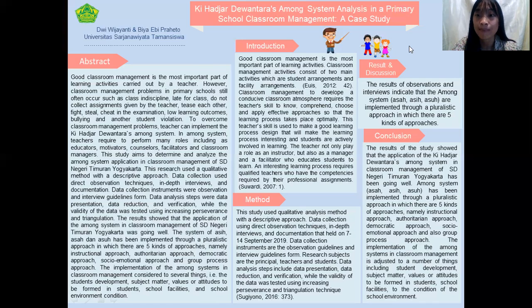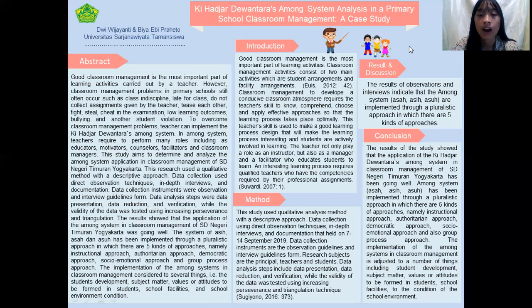this study used a qualitative analysis method with a descriptive approach. Data collection used direct observation, in-depth interviews, and documentation, held from 7 until 14 September 2019. The data collection instruments are the observation guidance and interview guidance form.